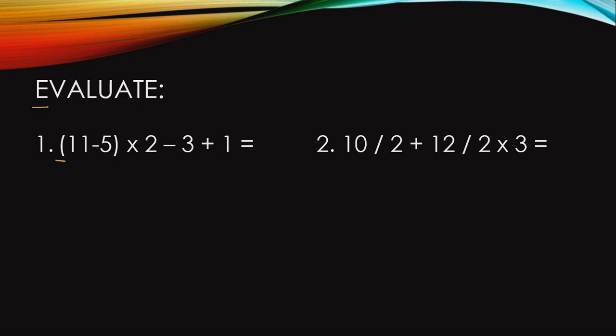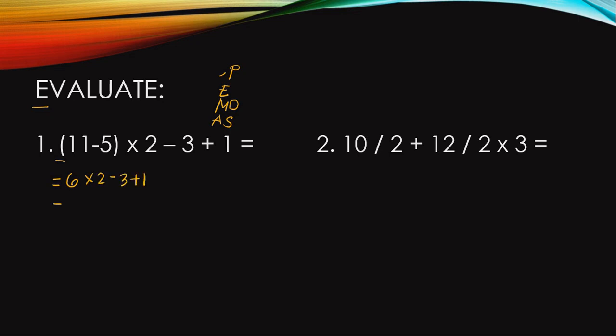In PEMDAS, we do the parentheses first. We write the equal sign, which means we are starting to solve the equation. 11 minus 5 is 6, times 2, and we bring down everything else: minus 3 plus 1.